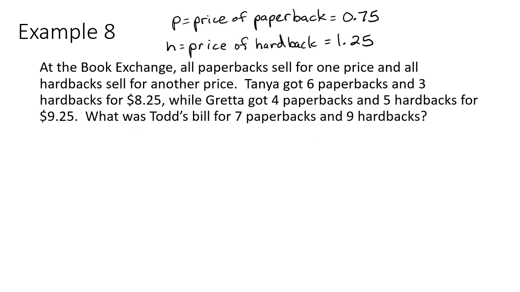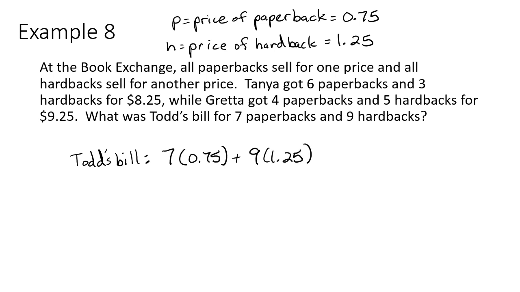So now that we figured out those two numbers, we can actually answer the question. What was Todd's bill? Well, we know that Todd bought 7 paperbacks, so 7 times 75 cents each. He bought 9 hardbacks, so 9 times $1.25.